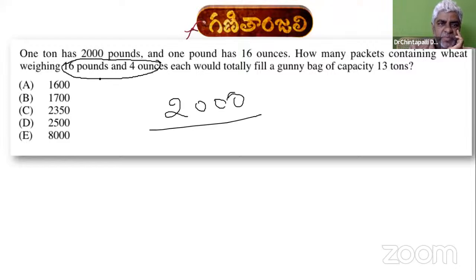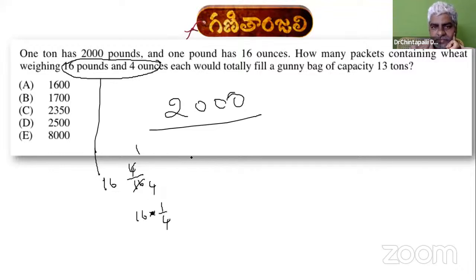What is 16 pounds, 4 ounces in mixed fraction? 16 and 4 by 16, as we did in the previous question. That is 16 and 1 by 4. Convert into improper fraction: 65 by 4.